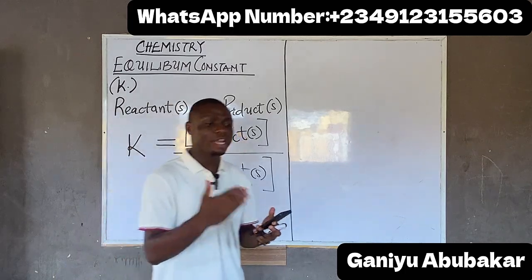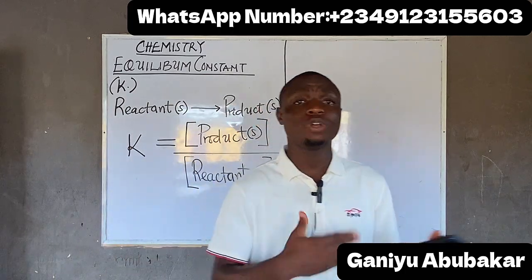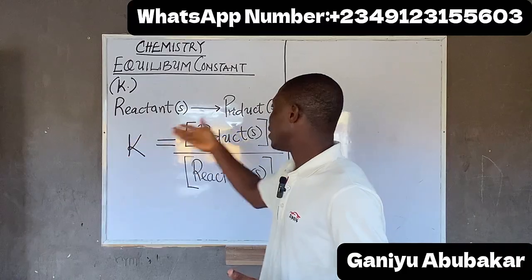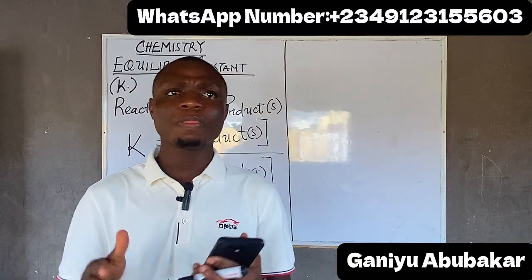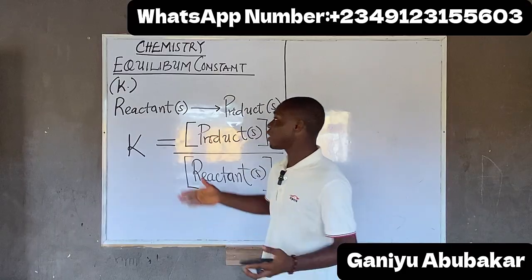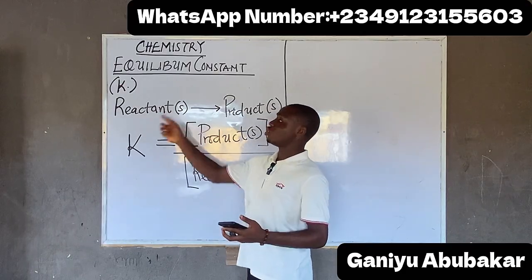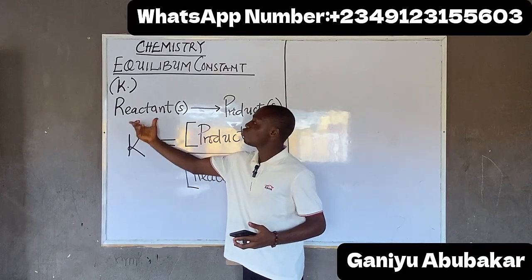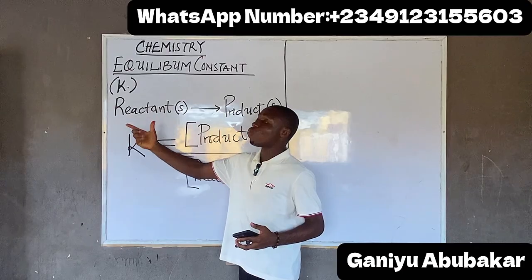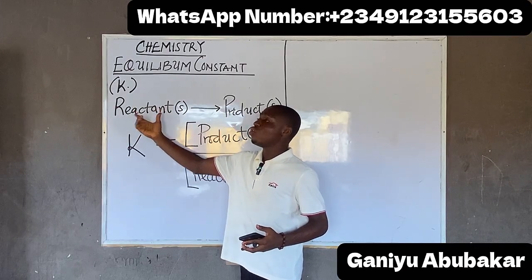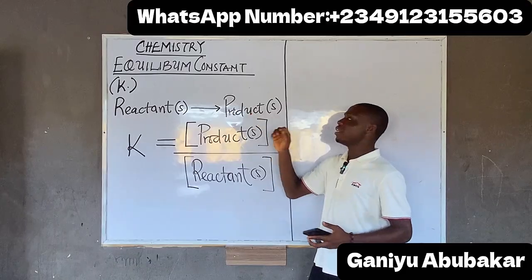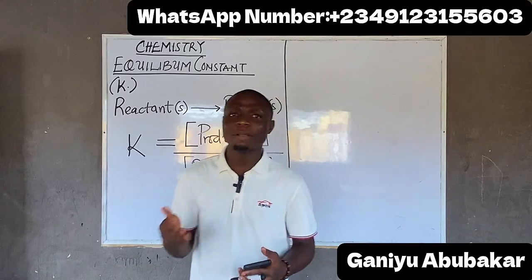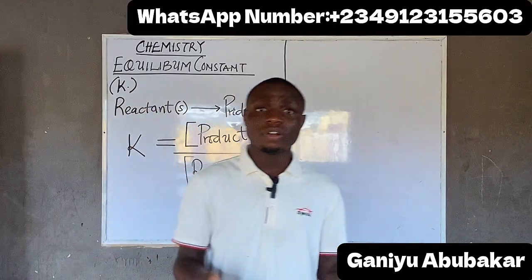Usually when you have a chemical equation such as reactants and products, you need either one or more elements to give you products. Sometimes they do have coefficients.